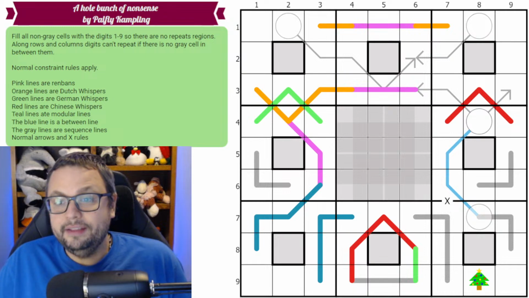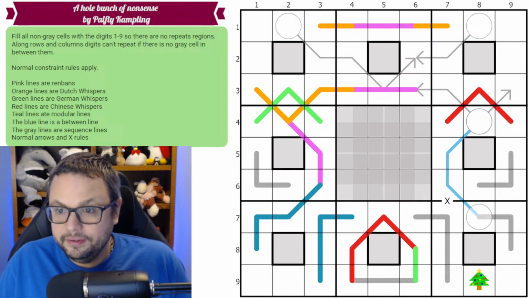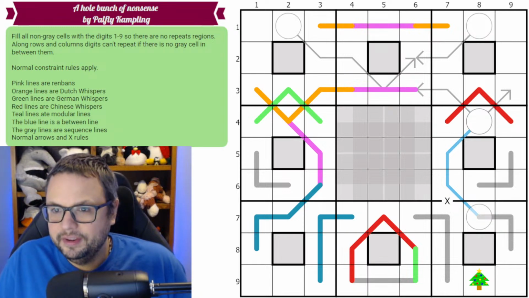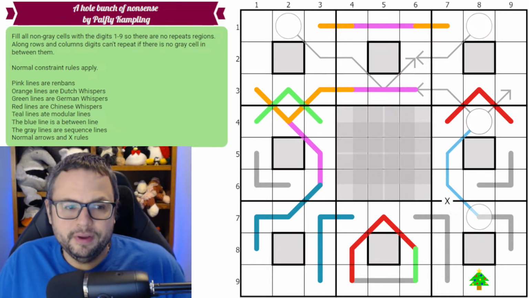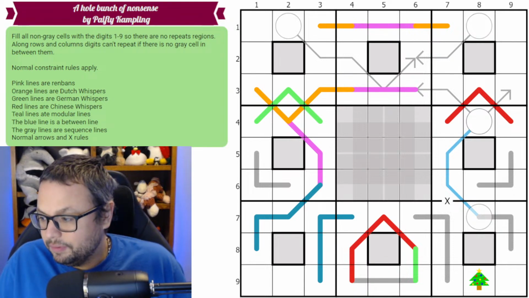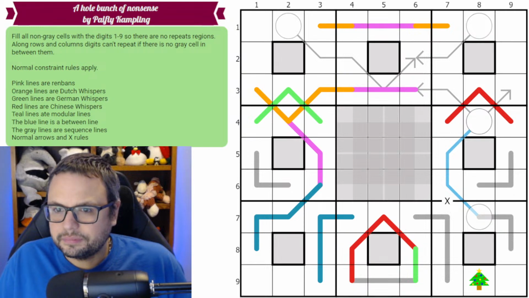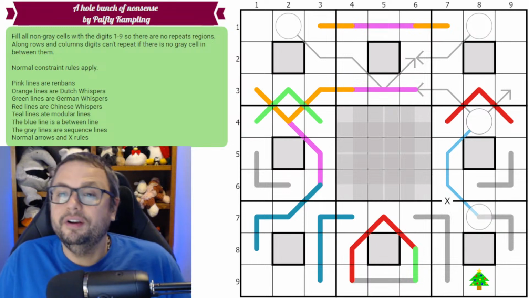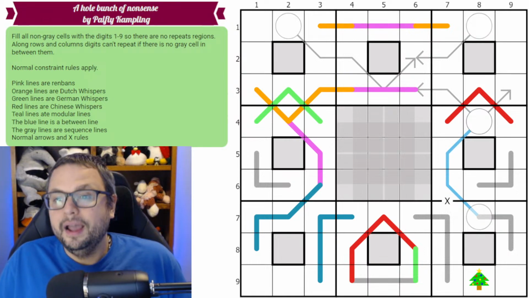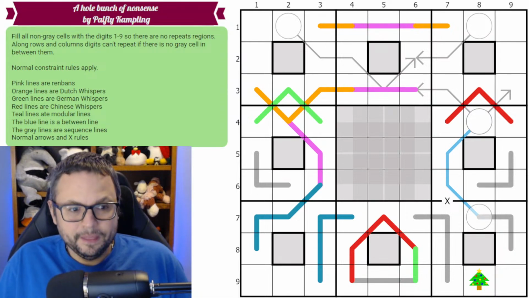Fill all non-gray cells with the digits 1 through 9, so there are no repeats in regions. Am I meant to read that as no repeats within rows and columns and regions? Along rows and columns, digits can't repeat if there are no gray cells in between them. Normal constraint rules apply.